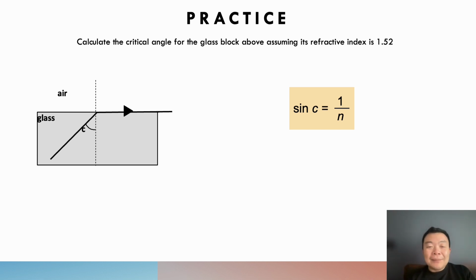Okay, here goes. So we are given that the refractive index is 1.52. Plug in n equals 1.52 over here, and we just have to take the arc sine of the fraction, and I got 41.1 degrees.